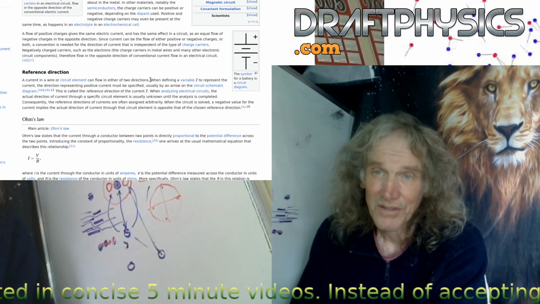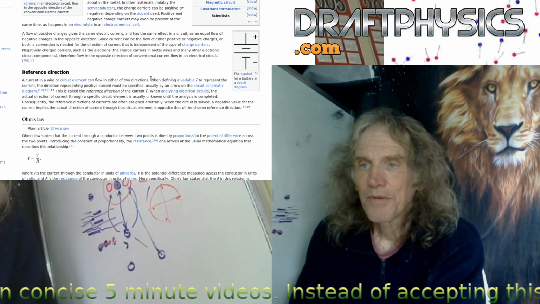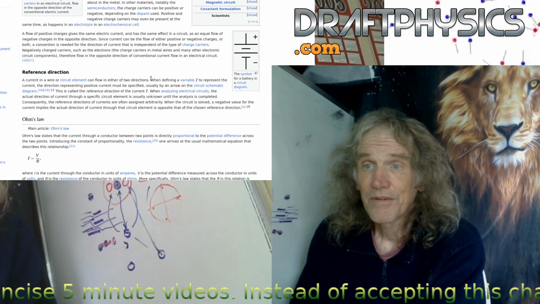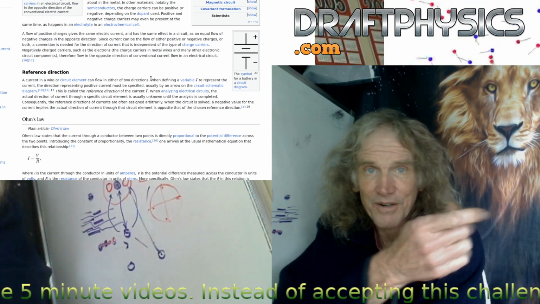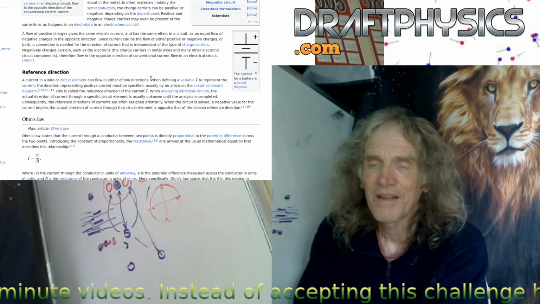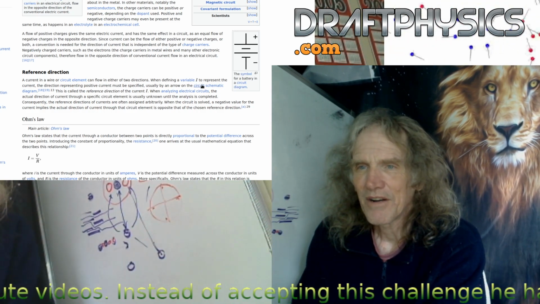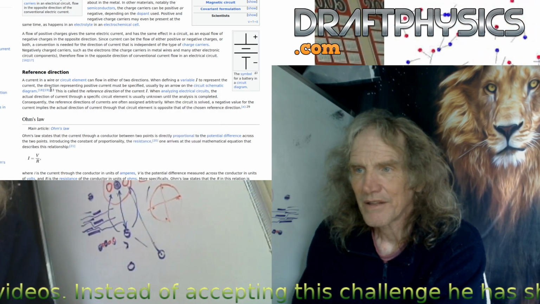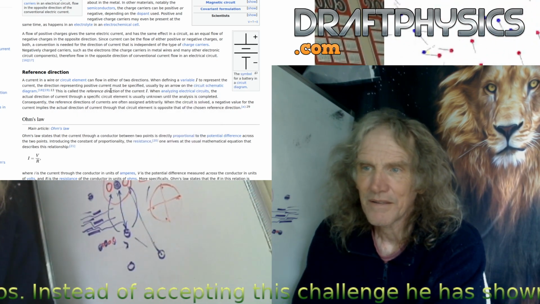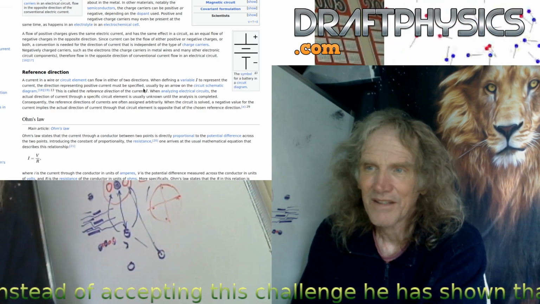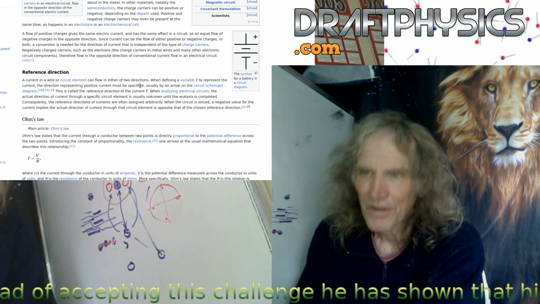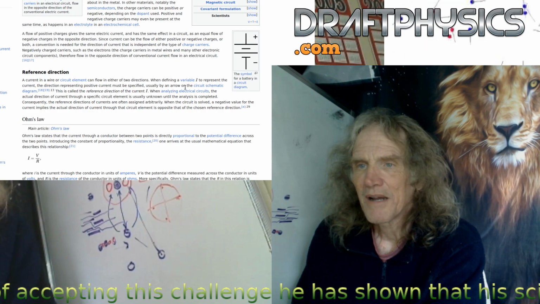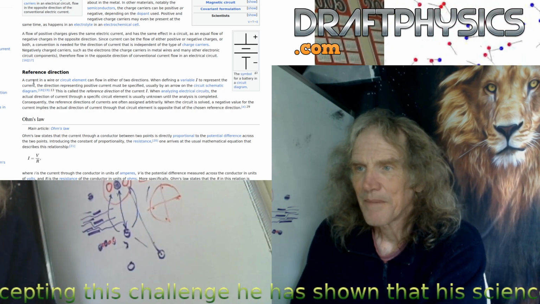Well, that's duh. But what's flowing is either too many electrons going that way or too many electrons going that way. When defining a variable I to represent the current, the direction representing positive current must be specified. So again, there's no positive current, usually by an arrow on the circuit schematic diagram.